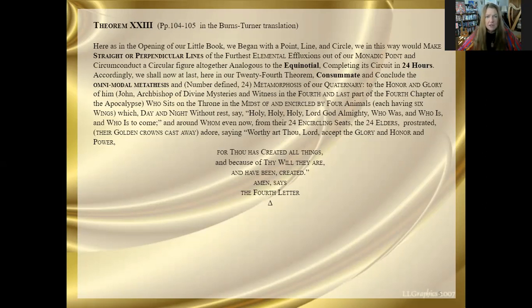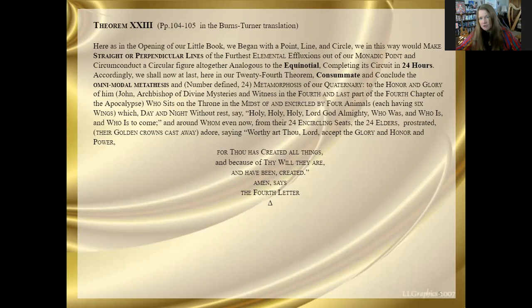To the honor and glory of him, John, Archbishop of Divine Mysteries and witness in the fourth and last part of the fourth chapter of the Apocalypse, who sits on his throne in the midst of and encircled by four animals. Now, from here to the end, what Dee is going to be doing is basically referring to that same part of Revelation that he referred to in Theorem 20, when his monadic world symbolically ended and he had a vision of the apocalypse as a doubled cube.